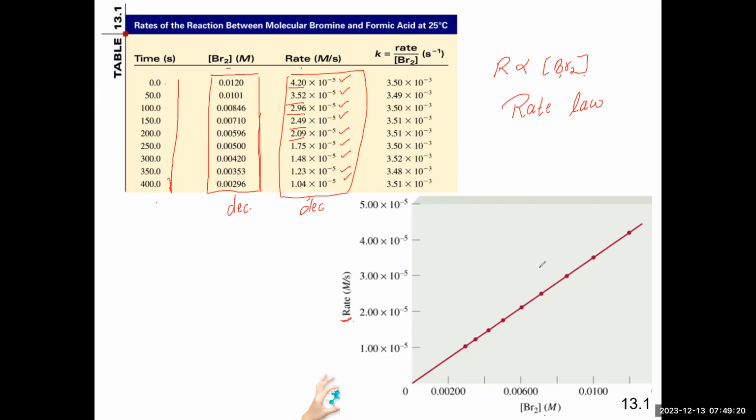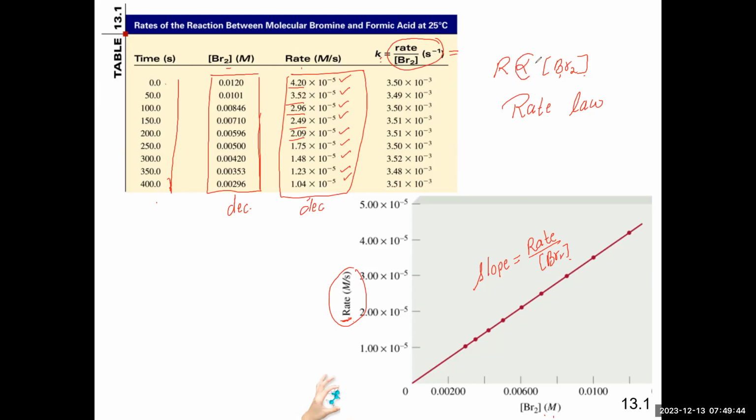Straight line. And what is the slope of this straight line? Slope is rate divided by concentration of Br2, right? So this is the slope. And that slope is called the rate constant.